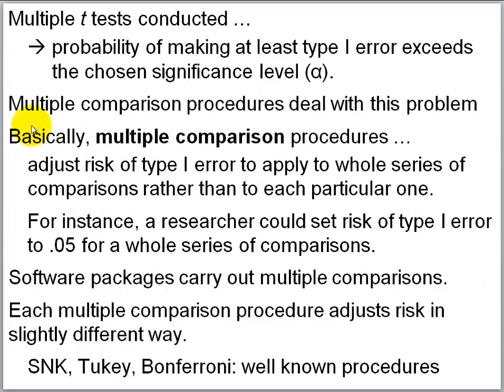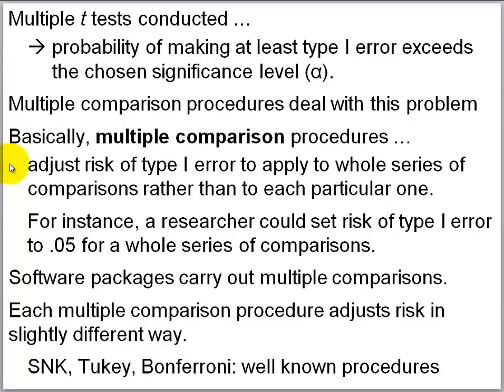So if we conduct multiple t-tests and just look at the significance level of each of these different tests, the probability of making at least one type 1 error will exceed the chosen significance level. That probability will be greater than alpha. So multiple comparison procedures deal with this problem.